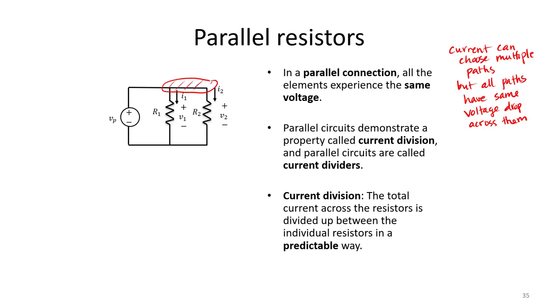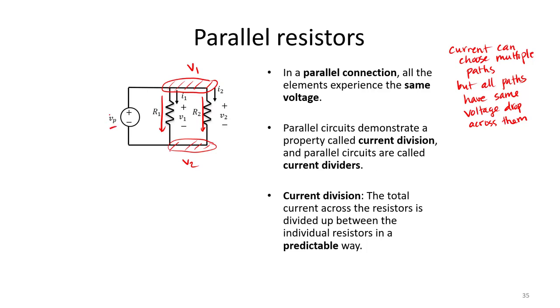So as you can see here, if I have some voltage, let's call it V1 up there, and V2 down here, you see that no matter which resistor I pass through, both paths experience a voltage drop of V1 minus V2, or both will start at the same voltage, end at the same voltage.